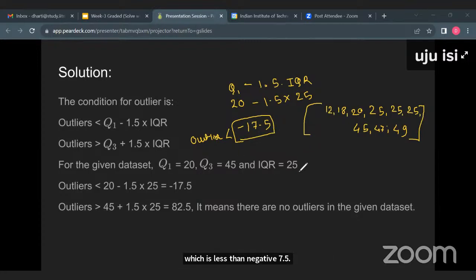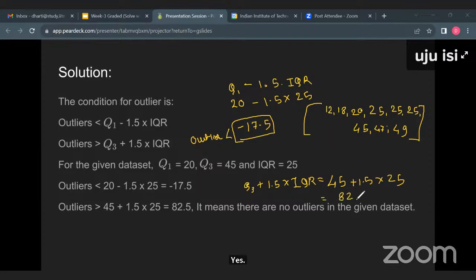Okay, so we will take the second one, that is Q3 plus 1.5 times the interquartile range. What was your Q3 value? It was 45, right? Plus 1.5 times 25. When you calculate this, you will get 82.5.